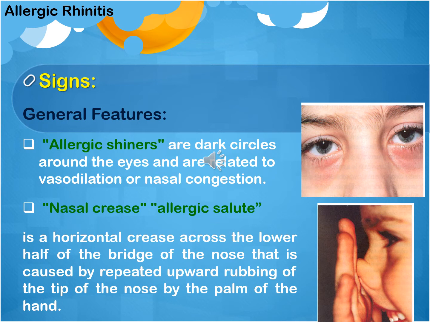Allergic shiner, that means dark circles surrounding the eye in the upper and lower eyelid, related to vasodilatation and repeated itching of the eyelid. The second is the nasal crease or allergic salute, which is the horizontal crease on the dorsum of the skin of the nose due to recurrent rubbing of the tip of the nose by the palm of the hand. So these two characteristic features can develop in the face of an allergic patient.